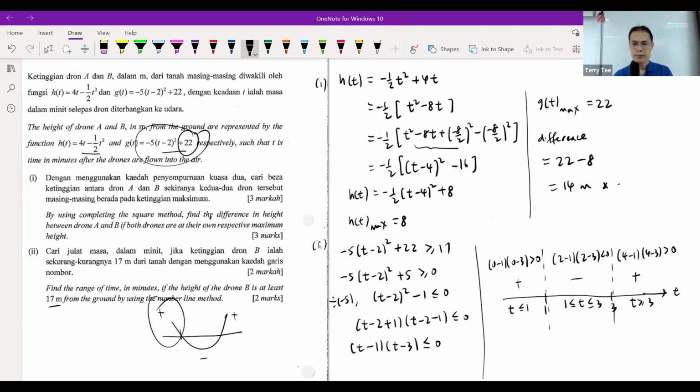I want this to be less than 0, right? So I want it to be less than 0 here. So I need to take this region. So what is your answer? Your answer, t is between 1 and 3 inclusive. Okay.